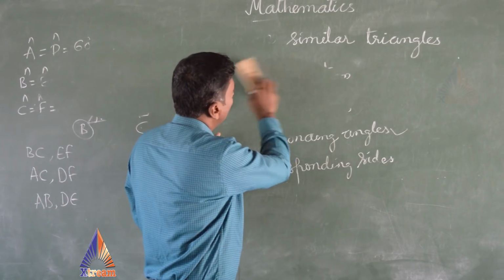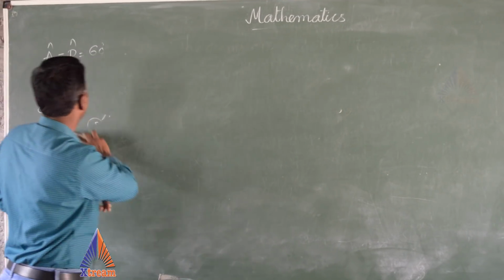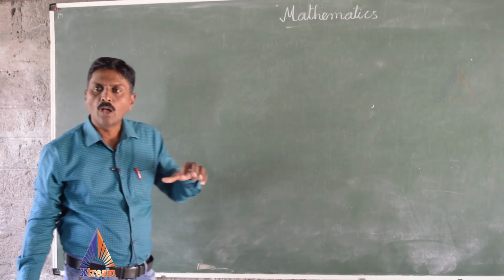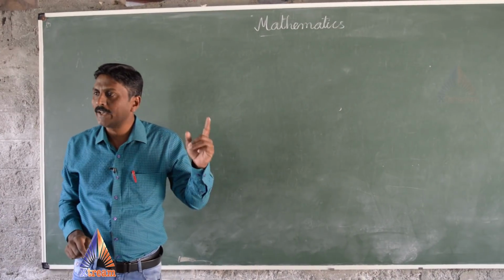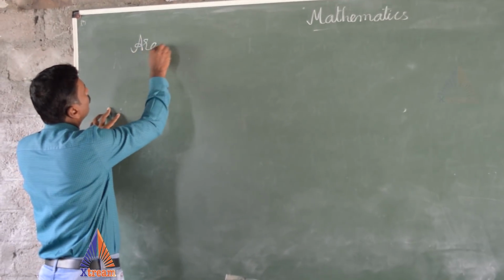First I tell you the summary of the theorem. Areas of similar triangles are proportional to the square of their corresponding sides. Look at this.